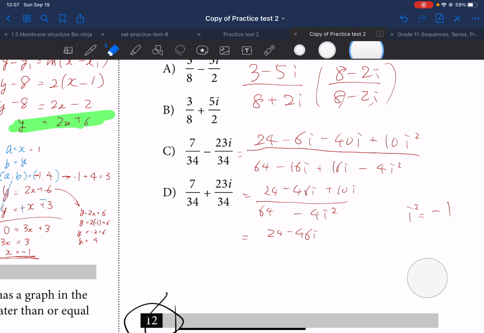Maybe I can change the color. I'm going to highlight this, and so 10 times negative 1 is negative 10, right? So it should be negative 10 right here.